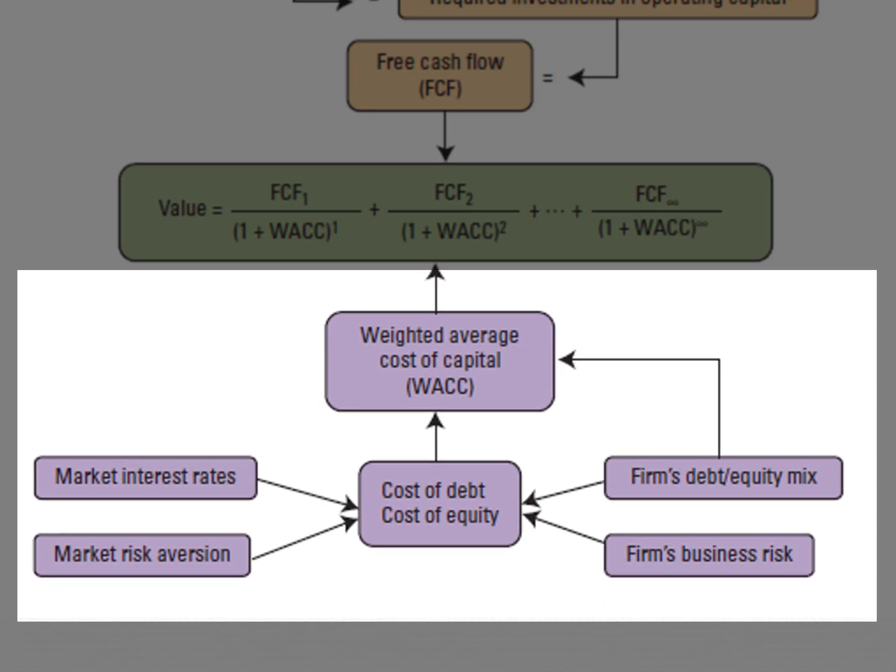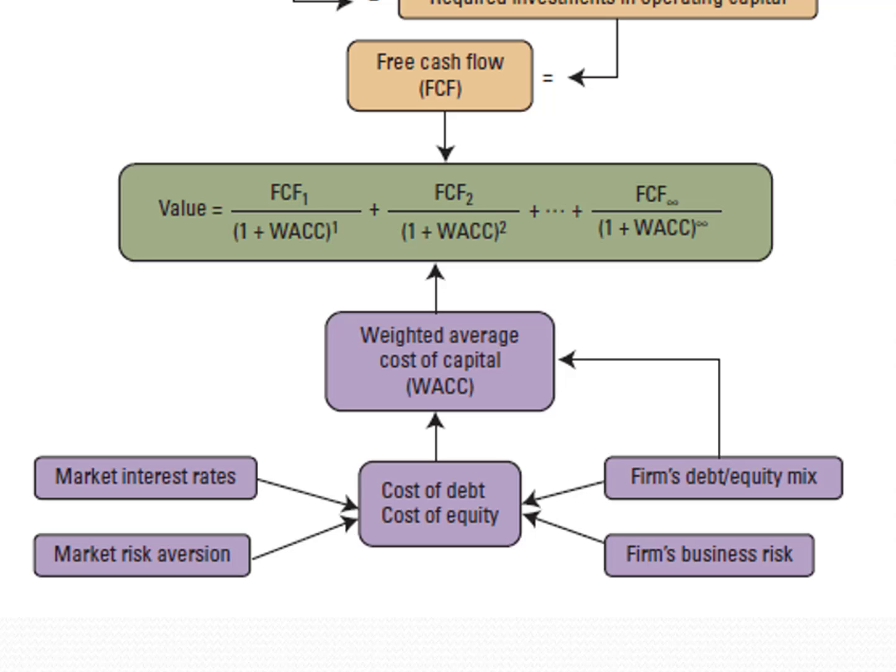And then lastly, the bottom area here in this purple color is dealing with the financing question. And that's coming up with the right mix of debt and equity, dealing with the costs of those supplies of capital, and that's going to go into the mix as well of determining firm value.